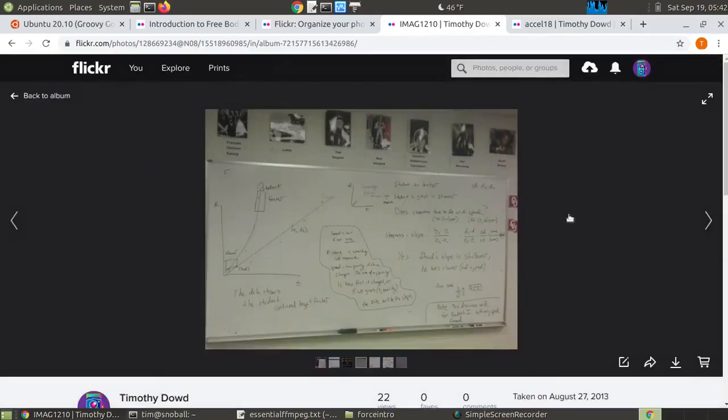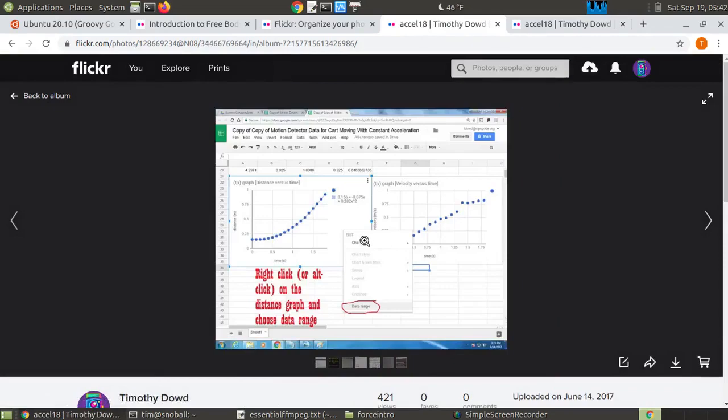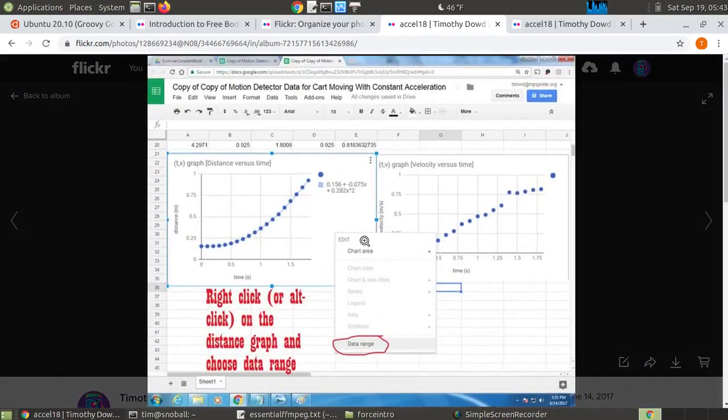So we started to look at another type of graph called a velocity time graph. And this is some lab data from a lab I did several years ago. And here's my position time graph. As you can see, it's showing speeding up as the slope is increasing.